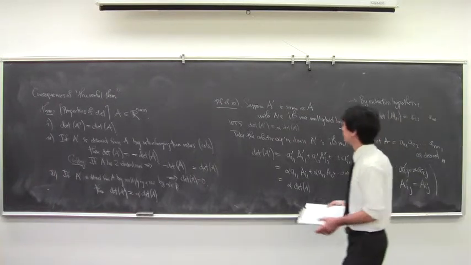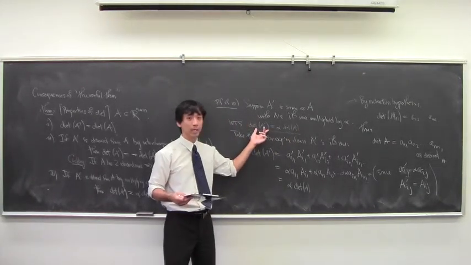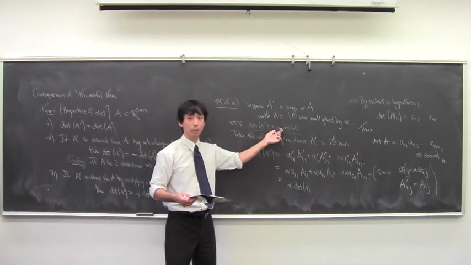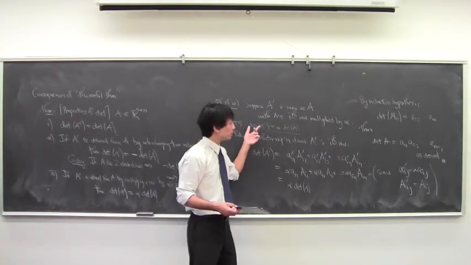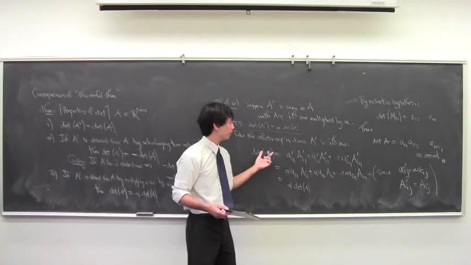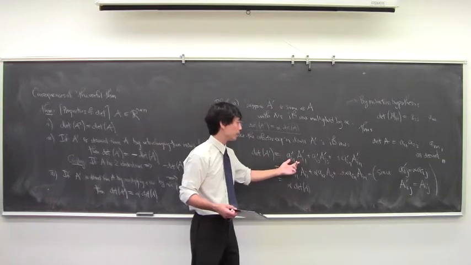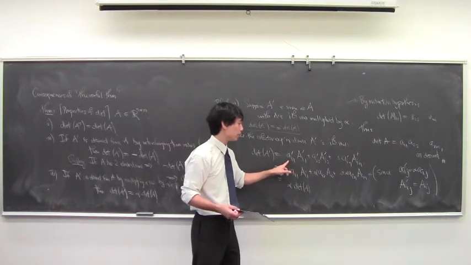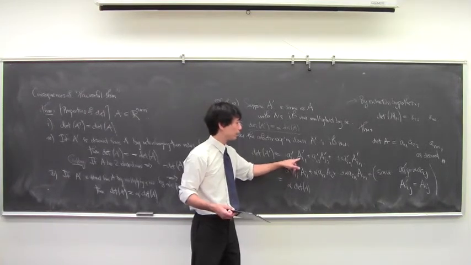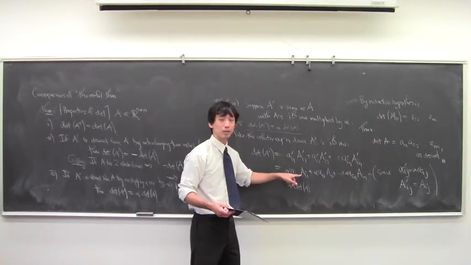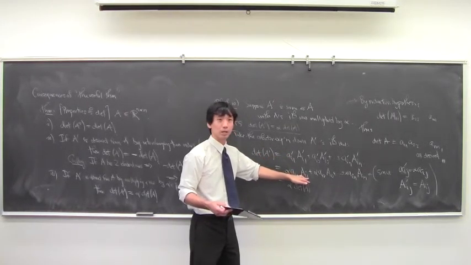So we're just trying to prove this fact that if we multiply the ith row by alpha, then the determinant gets scaled by alpha also. We do it by taking the cofactor expansion down that row. This thing is just going to be alpha times the original term, and then the cofactor is the same, because the cofactor is just -1 to some power times the determinant of the minor.